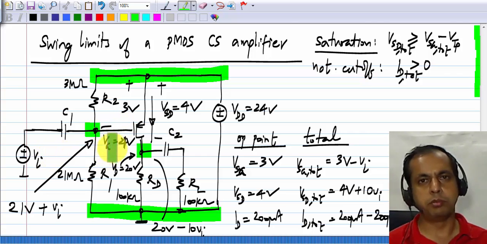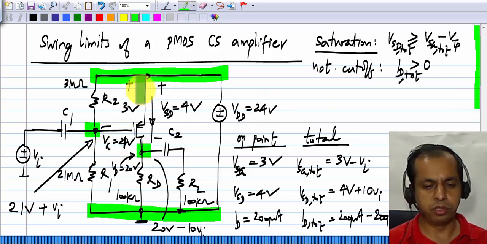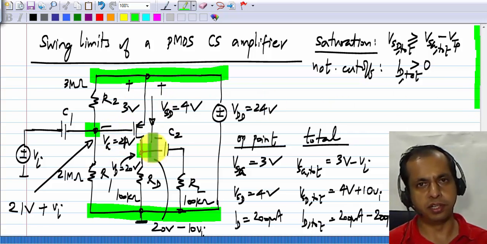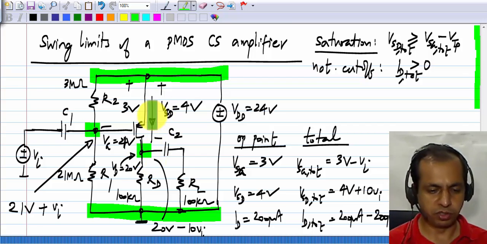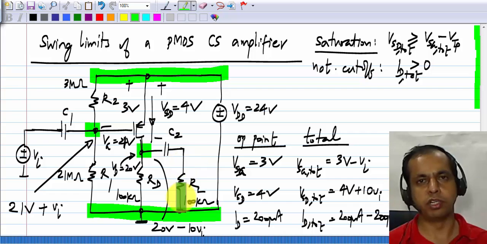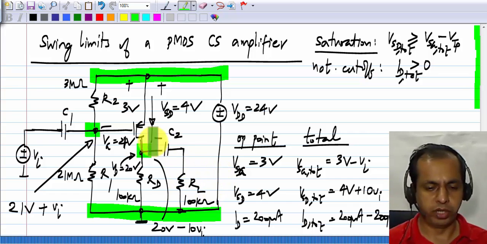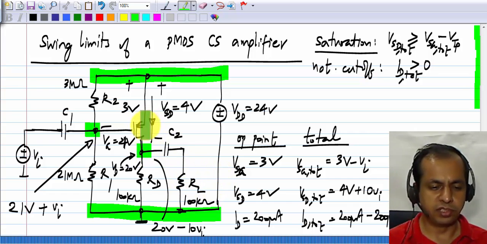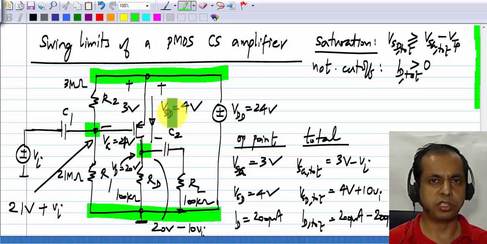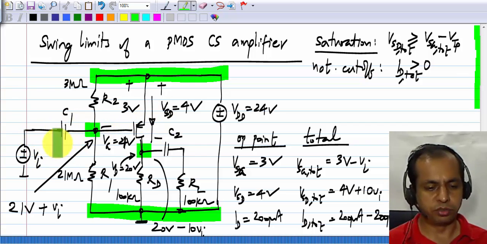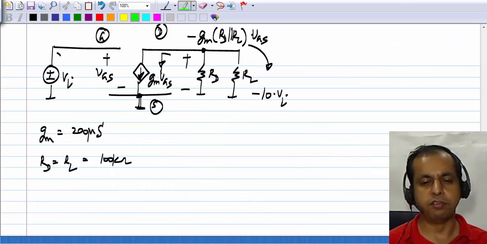If the gate voltage becomes smaller, the source gate voltage becomes bigger and the current through the transistor increases. As the current increases, the drain voltage increases because that current is going into the parallel combination of RD and RL. The gate voltage is falling, the drain voltage is going up, so it's going towards the triode region, and the triode region saturation boundary actually sets a negative limit for Vi. So that's the difference.